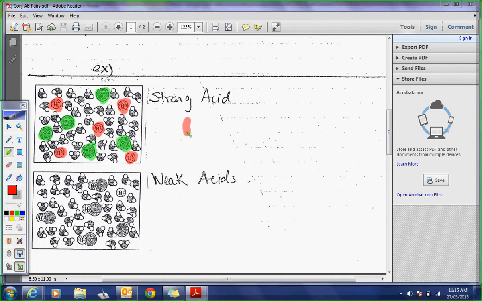And the HCl will 100% ionize. So we say fully ionize into H plus and Cl minus. Aqueous, aqueous, aqueous.